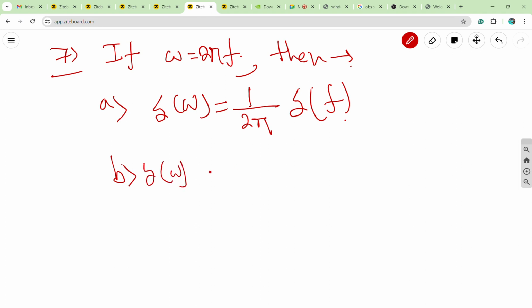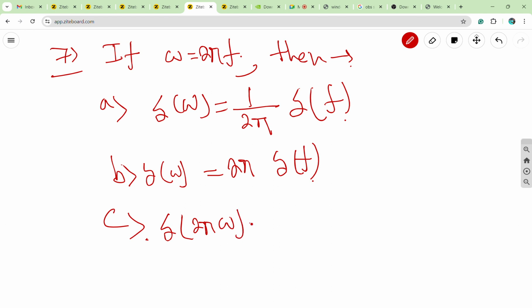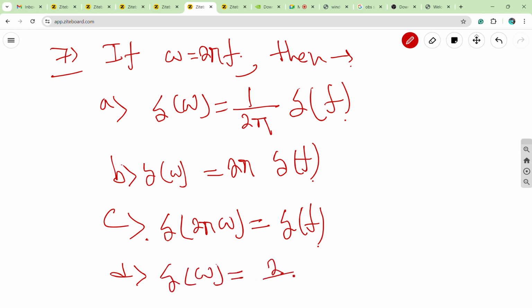Option B: delta of omega is equal to 2 pi delta of f. Option C: delta of 2 pi omega is equal to delta of f. And option D: delta of omega is equal to 2 by pi delta of f.